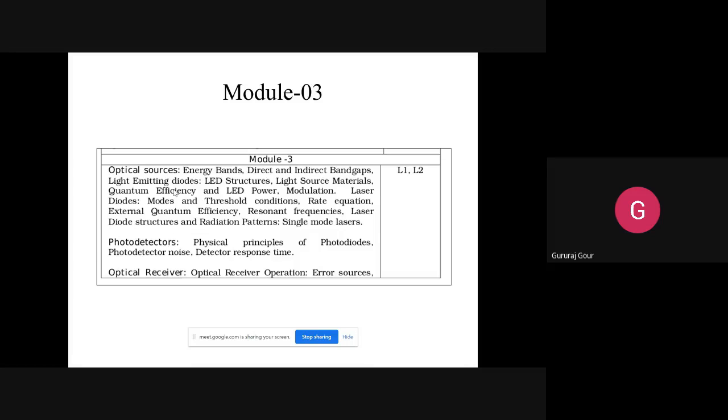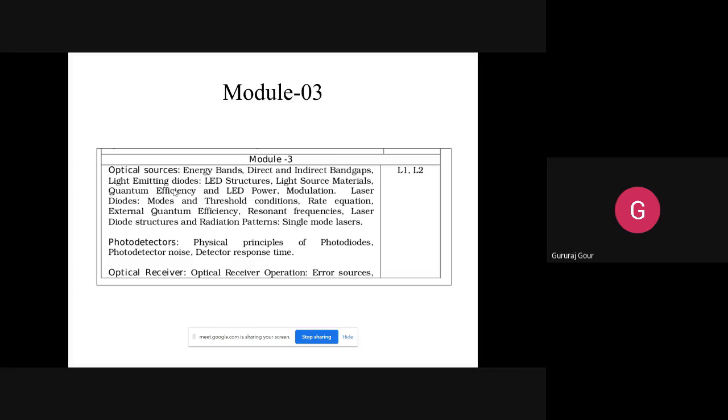After that, we'll go to the study of photodetectors and optical receivers. Both are concerned with the optical receiver side. Photodetectors are normally used to detect the photons at the receiver side to reconstruct our intensity modulated message signal.